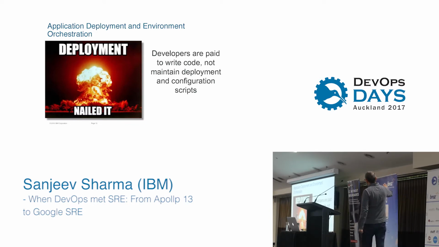Developers are paid to write code, not maintain deployment and configuration scripts, which means what? The operations team, the infrastructure team, the environment team should be delivering self-service capabilities for the developers so they don't have to write code to maintain and configure the environments on which they are running their application. They worry about the application, and the ops team worries about delivering the infrastructure environment as services to the developers to write code against.